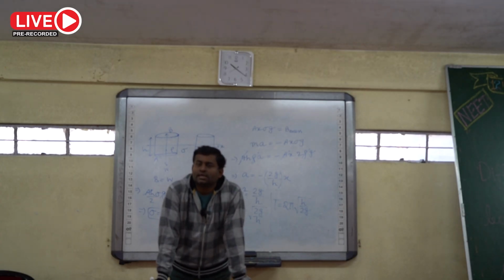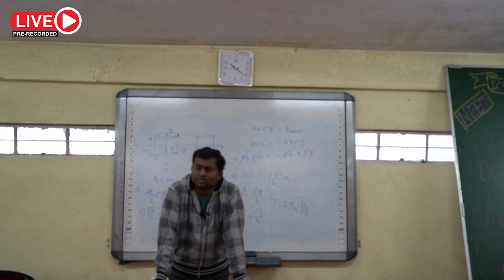Just use U equal to half kx square. Potential energy equal to half kx square. From that you can solve.